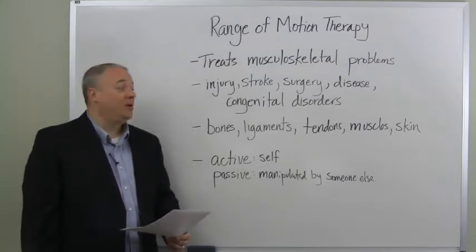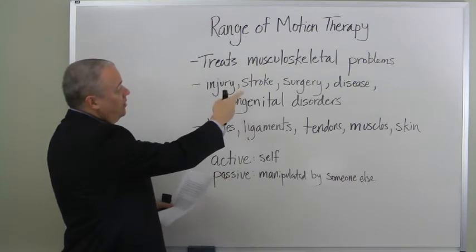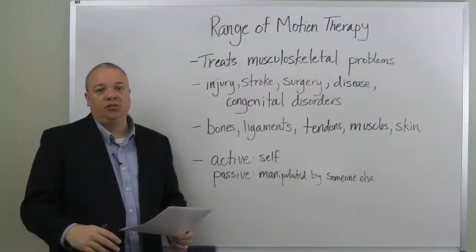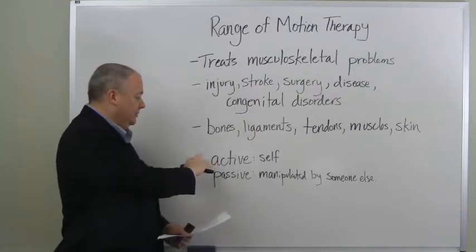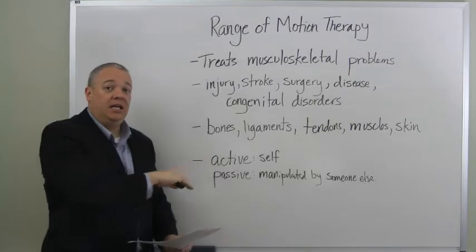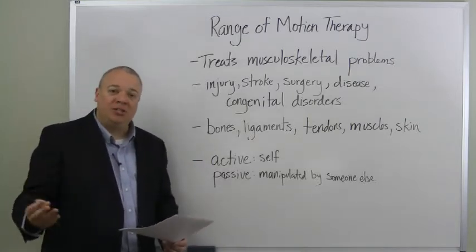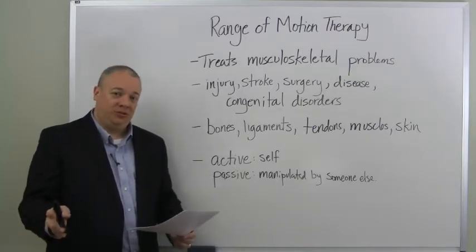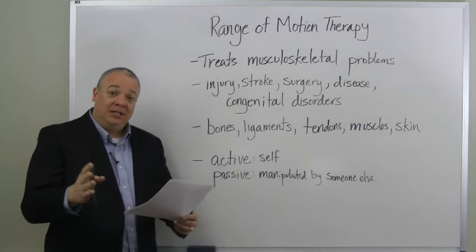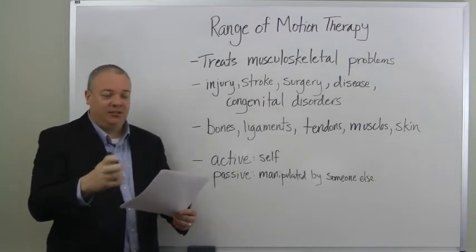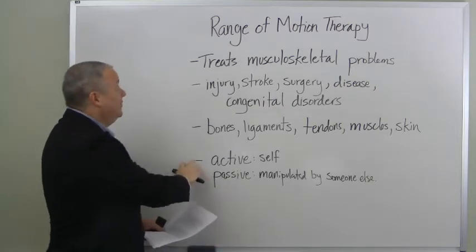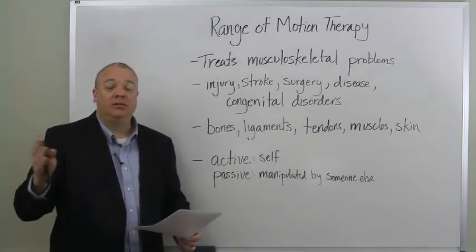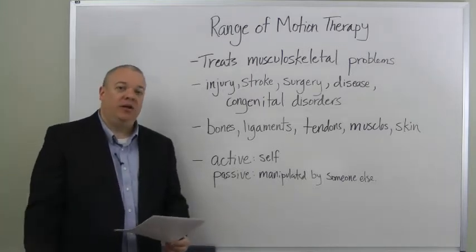So perhaps someone has had a stroke or has recently gone through surgery, and because of that they need to increase the range of motion in a joint or a limb, and the physician will come in and say, we need you twice a day to do this particular motion for this amount of time, or this many sets of exercises, to help increase the range of motion and to keep that particular area from lessening in its range of motion, getting tighter, seizing up, that sort of thing. So in active range of motion therapy, the person themselves with the injury is called upon to do certain movements that help increase that range of motion.